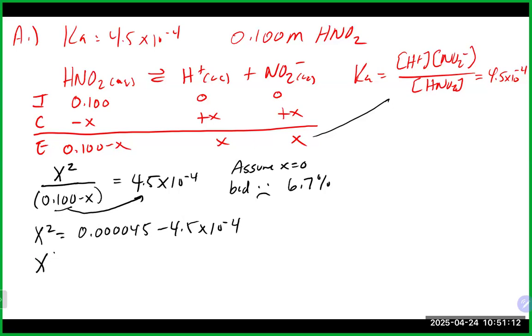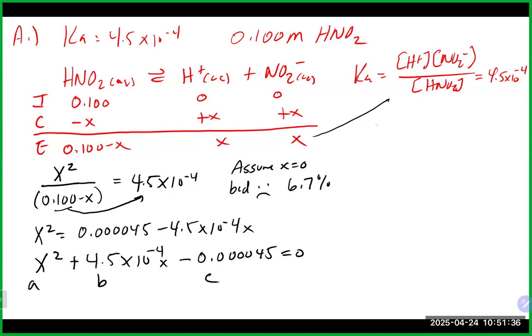That's going to give us x squared, actually plus 4.5 times 10 to the -4 x, I think, and then we're going to subtract that other guy there, 0.0000045 is equal to 0 in this case. That is going to get us our quadratic A, B, and C.